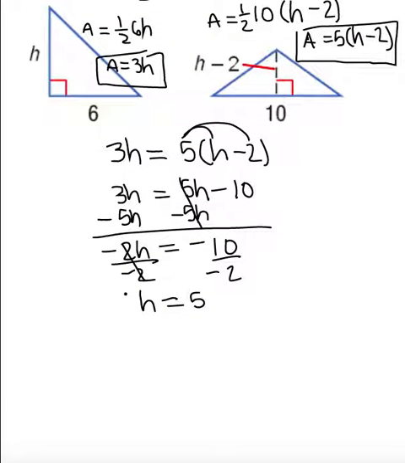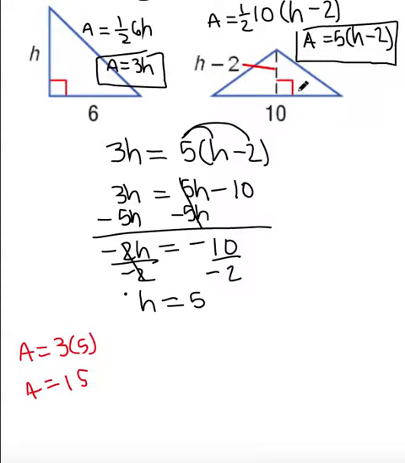Well, hopefully you guessed that I'm going to plug in h equals 5 into both areas and see if I get the same exact area. Let's see. So in this case, the area is going to equal 3h, or 3 times 5. That means the area equals 15.